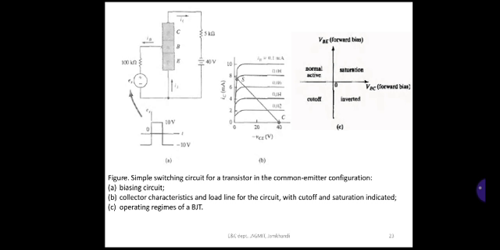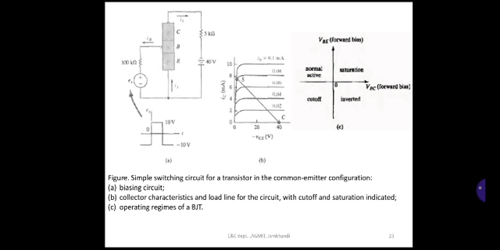That is, the base current for a fraction of time is in the positive region, and for a fraction of time it is in the negative region. So it is switching between positive and negative, and from negative to positive. That means it goes from the saturation region to the cutoff region and vice versa.